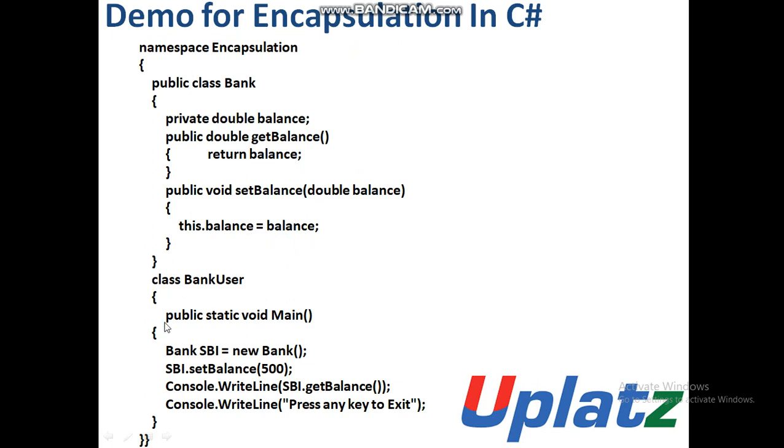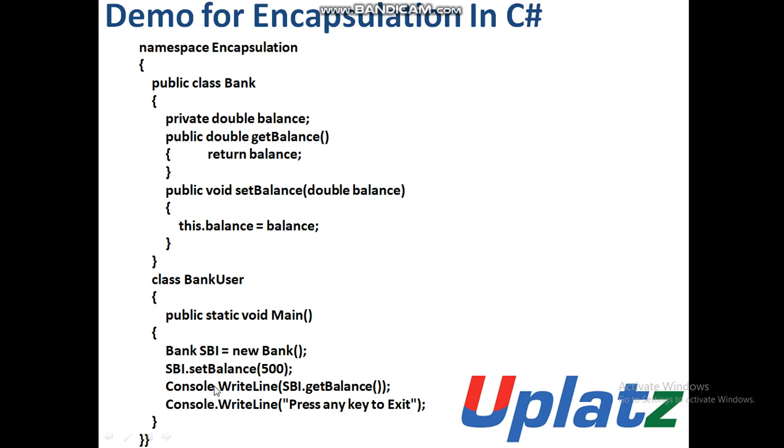Now there is another class called BankUser. Here is public static void main, where the program execution starts, and the Bank is instantiated using the keyword new. SBI is an object created for the class Bank. Using SBI, we call setBalance, and 500 is the amount used to set the balance.